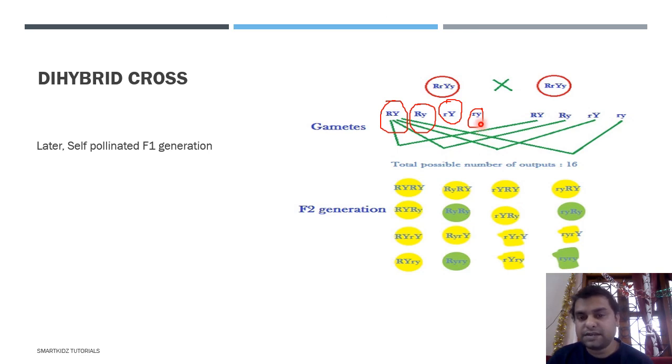Coming to the last set of combinations, for the last gametes that we have, small r, small y, when they combine with capital R, capital Y, we get round and yellow seeds. When the small r and small y combine with capital R and capital Y, small y, we get round but green seeds.